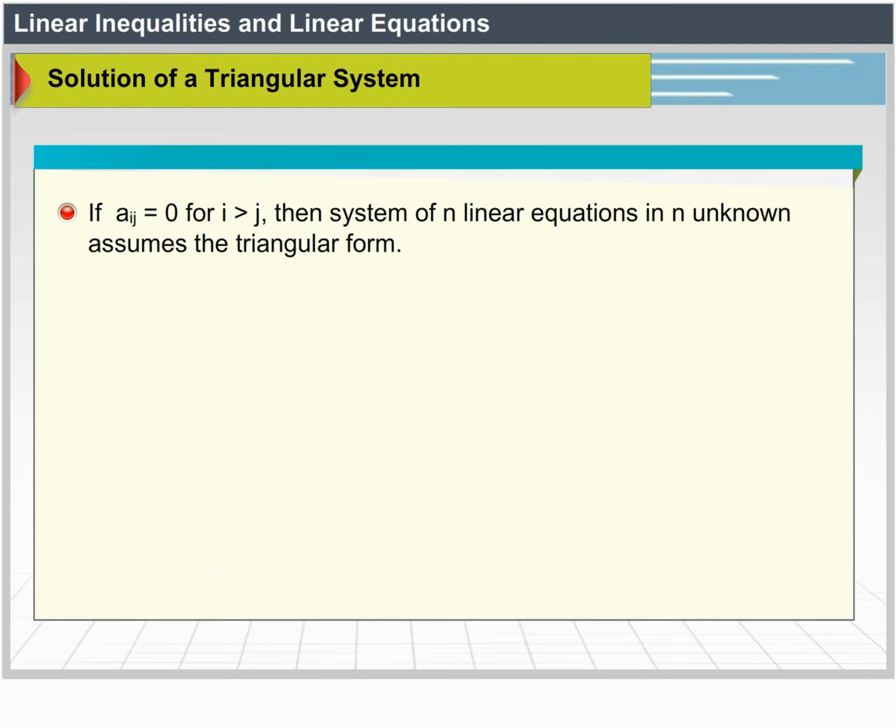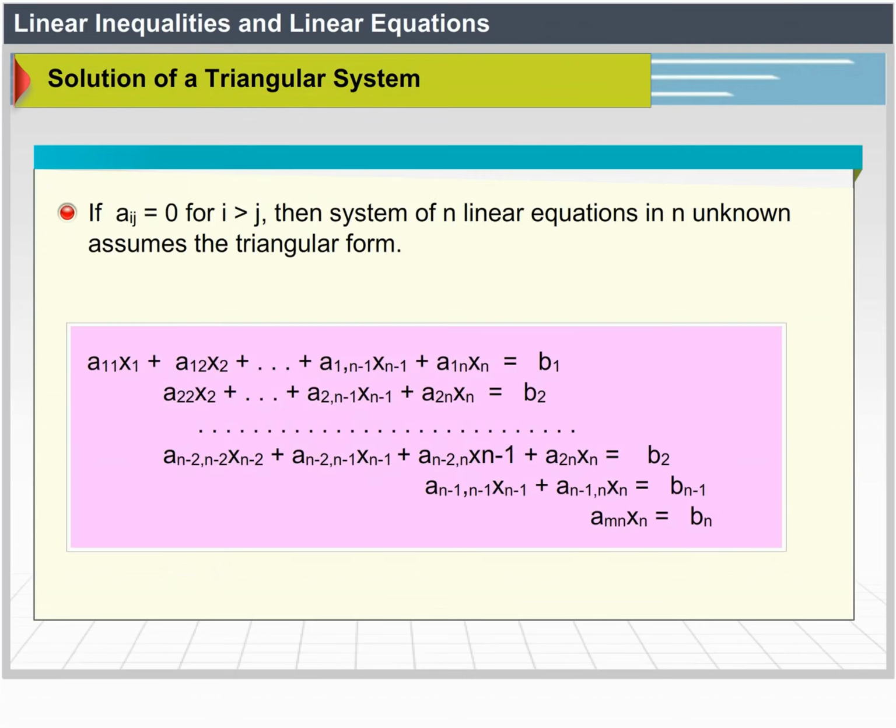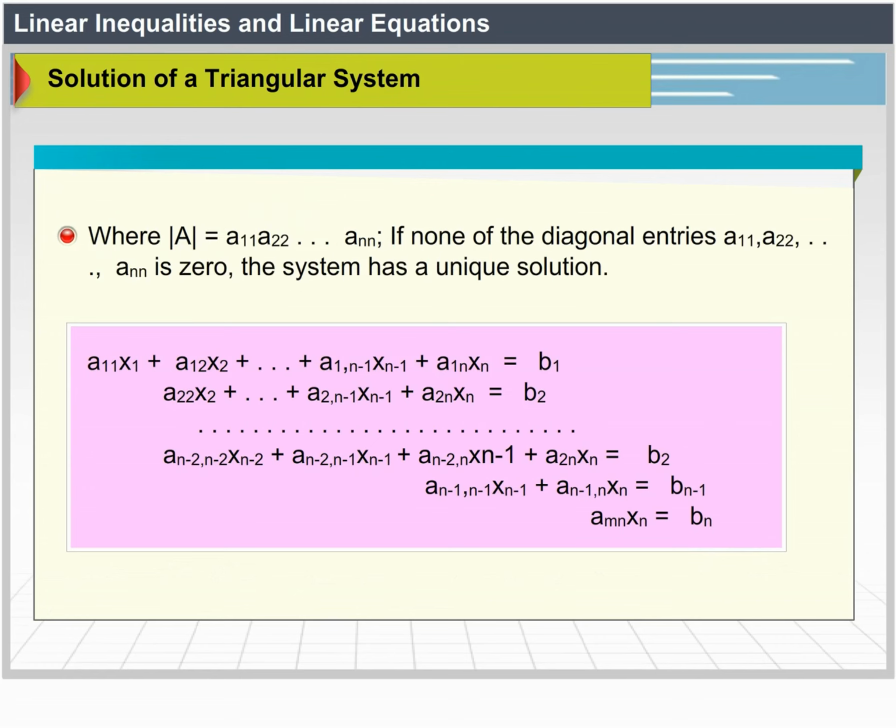If aij equals 0 for i greater than j, then the system of n linear equations in n unknowns assumes the triangular form, shown here, where the determinant of A equals a11, a22, up to ann. If none of the diagonal entries a11, a22, up to ann is 0, the system has a unique solution.